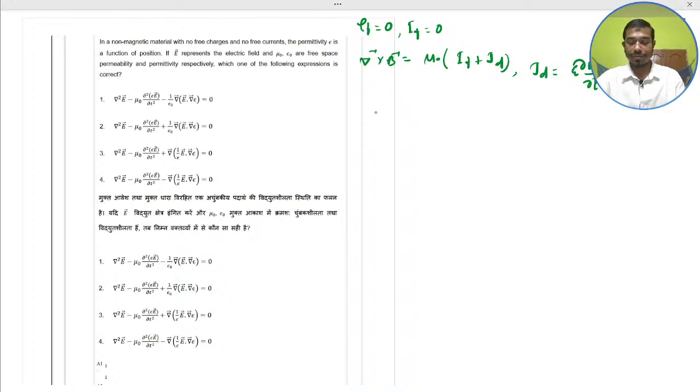So substitute from the Faraday law that curl E is minus del B by del t. Substitute this, taking curl on both sides. So curl of curl E is minus del by del t of curl of B.